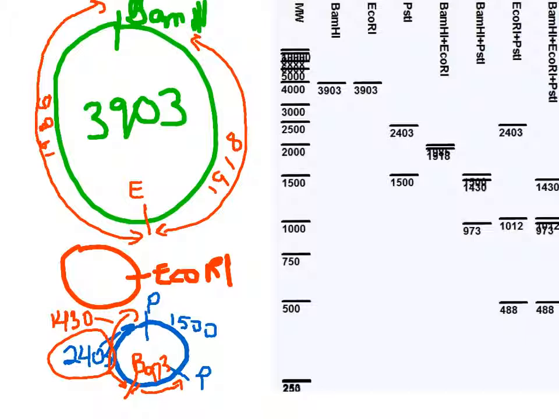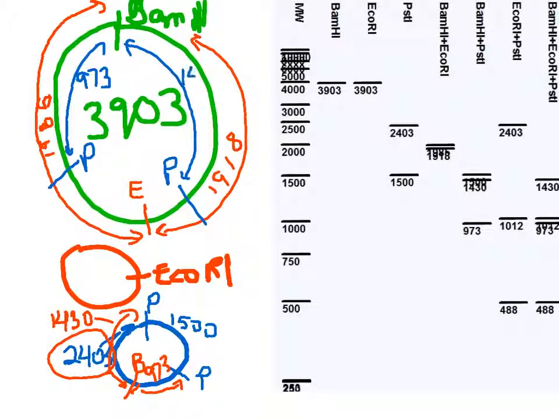So on my map, I could arbitrarily place PST on something like this. PST, PST, and one of these pieces has to be 973 base pairs, and this piece has to be 1430 base pairs. And of course, we still have this 1500 on the opposite side.